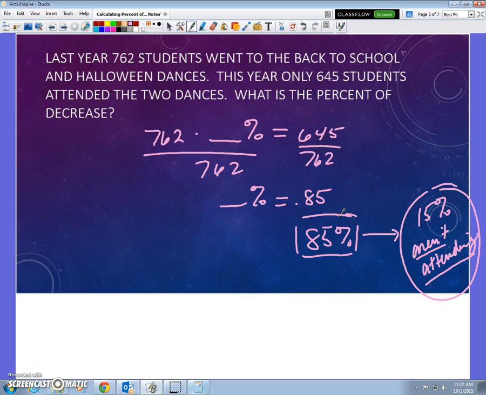The percent it changes is how much it changed from the original 100%. So I'm taking 100% minus 85%. That leaves us with 15% that it decreased. It decreased 15% to the 85% of last year.